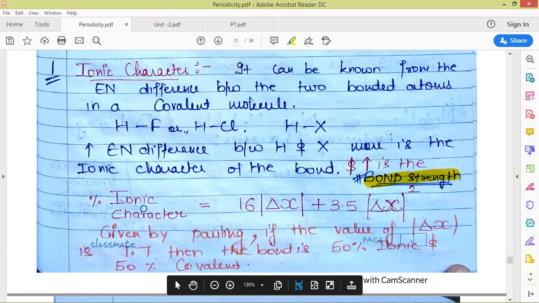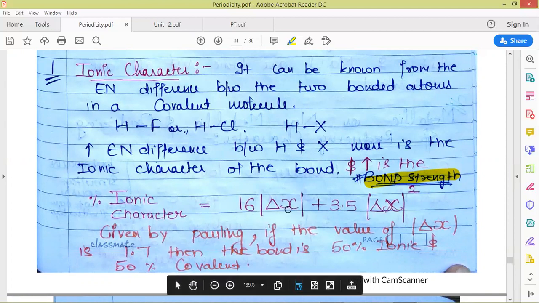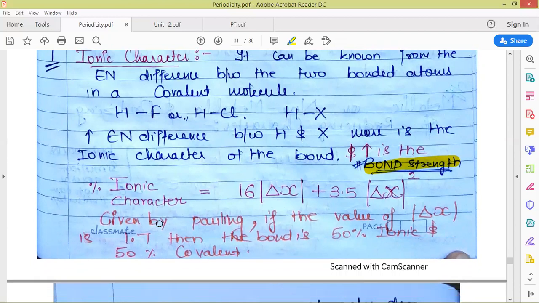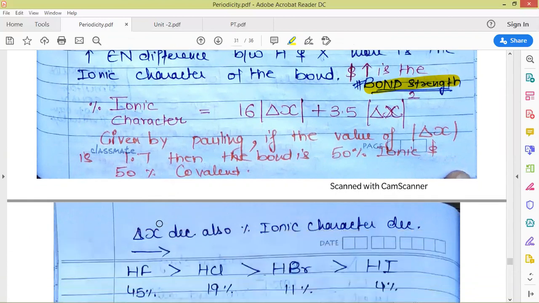If the value of delta x exceeds 1.7, then ionic character increases, and if it is less than 1.7, then ionic character decreases. That means if ionic character is less than 50%, that bond has more covalent character, and if ionic character is more than 50%, then that bond has more ionic character.